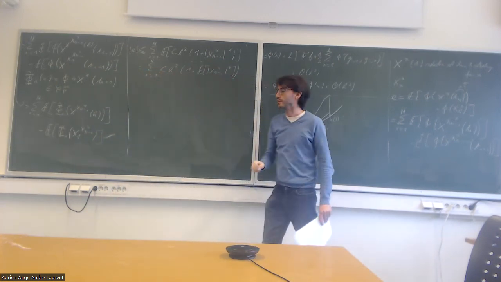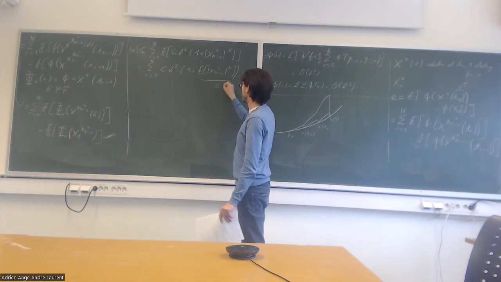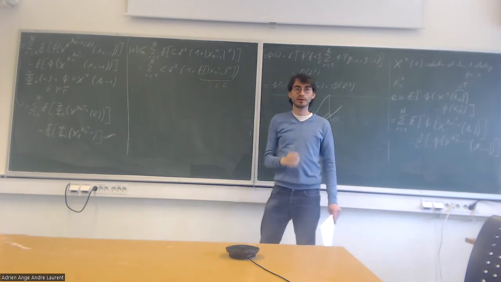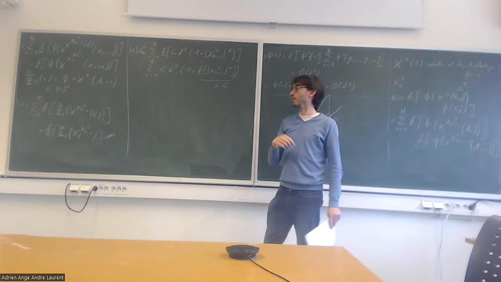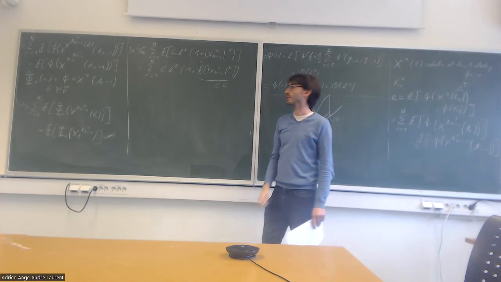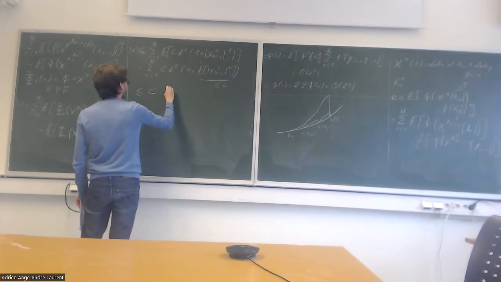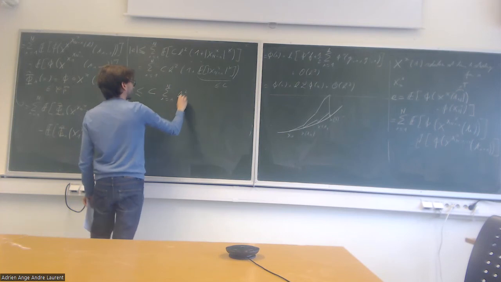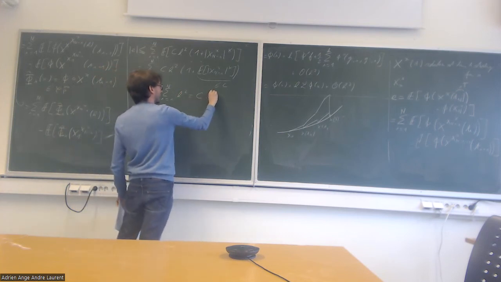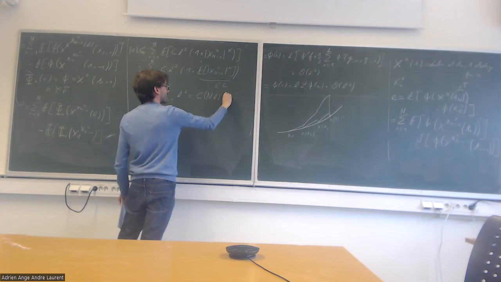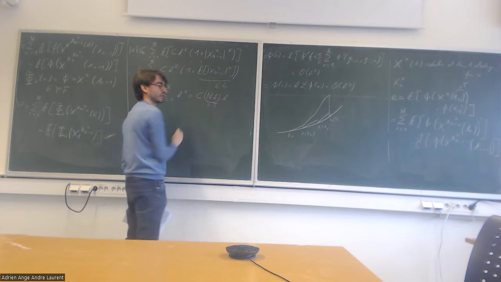Now we use the stability to say that this is a constant. It does not explode. This is the thing we proved at the very beginning. The method does not explode. So this is less than a constant. Sorry, so this is just C N h. This is what we define as T.